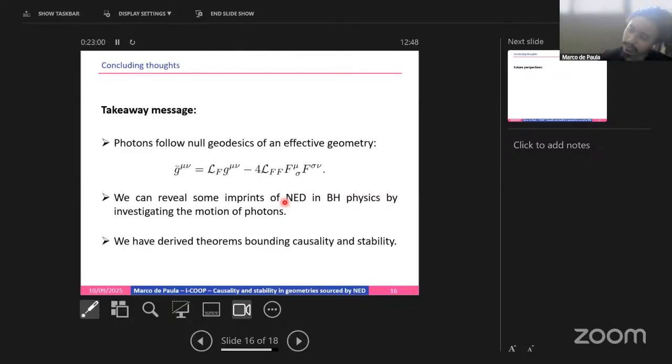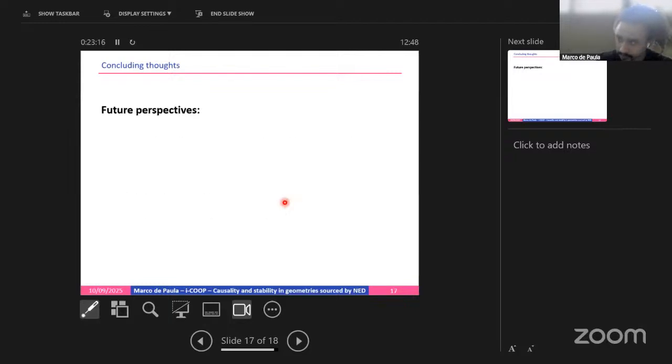And we have also obtained a theorem associated with the stability of the space-time. So essentially, the second order derivative of the Lagrangian density with respect to the Maxwell scalar determines if the space-time is causal or not, if you assume that it is stable.